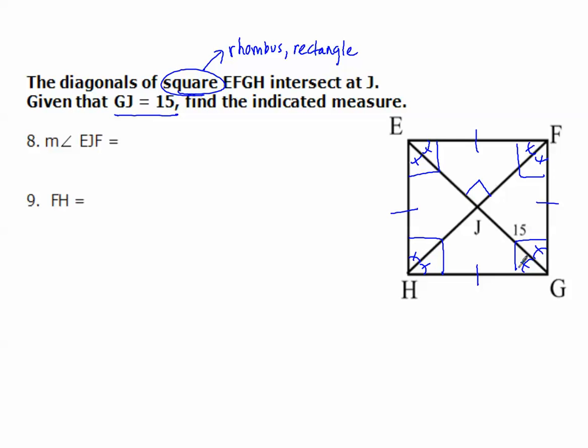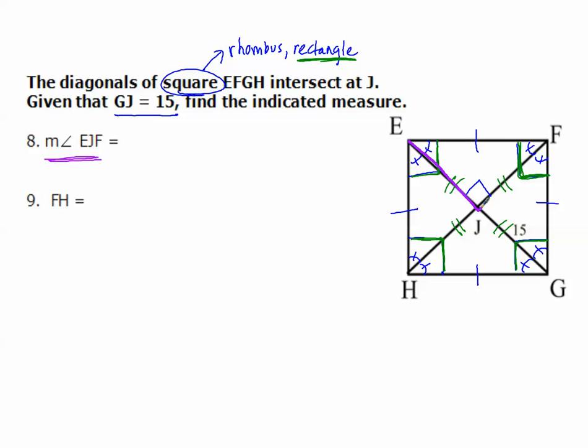Well, that helps me out a little bit because now I know how to divide evenly up those 2 congruent angles. Also in a rectangle, besides having those 4 90-degree angles, what about the diagonals? The diagonals are congruent too. That's for a rectangle. Okay, let's see what we can do for these missing measures. Angle EJF.